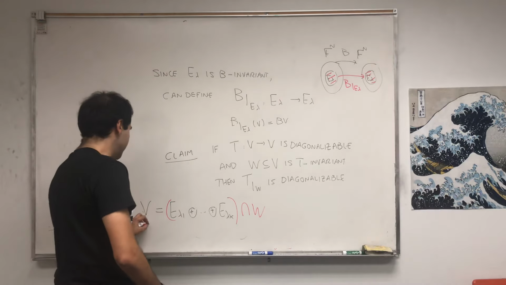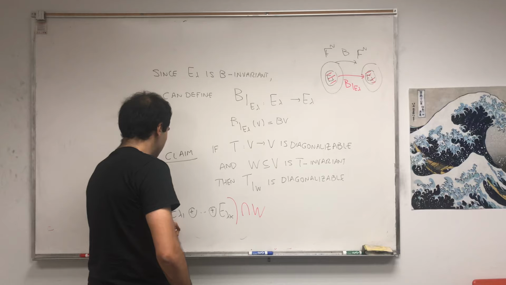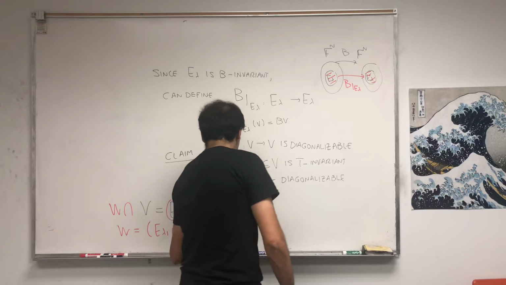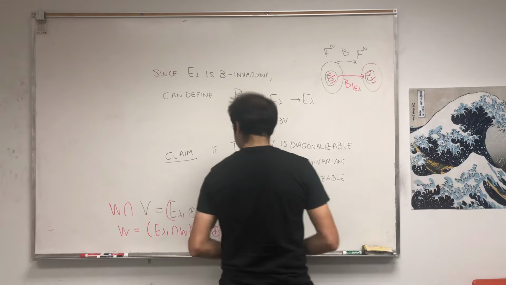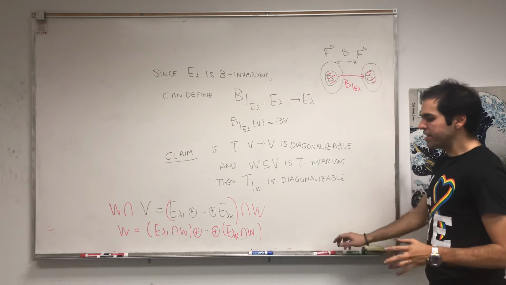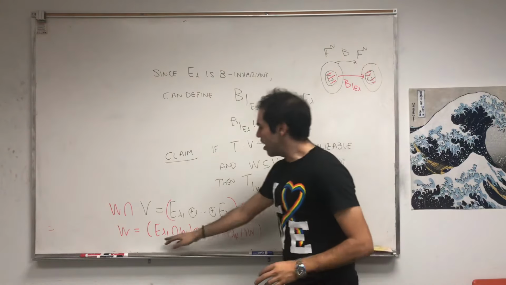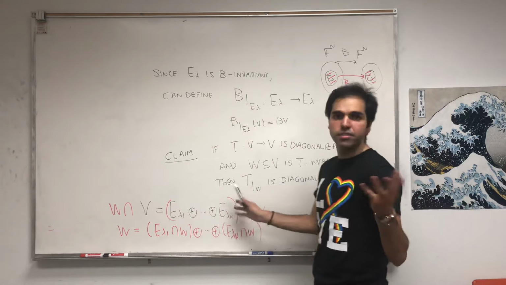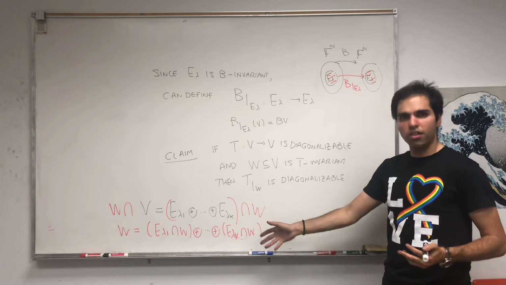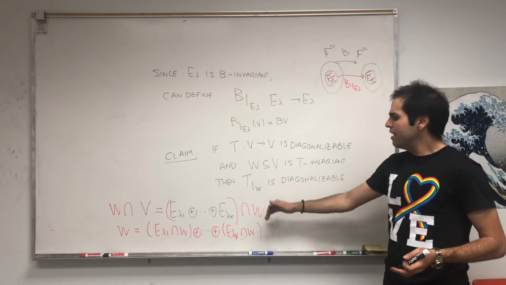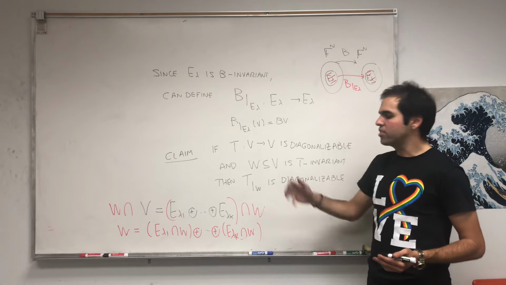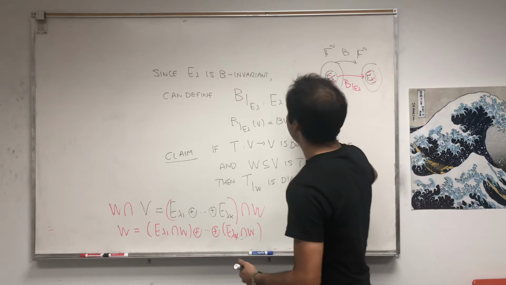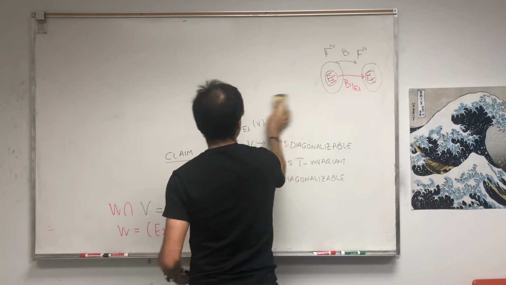And if you intersect each of them with W, imagine foiling it out, then you get this, E of lambda k intersected W. And in particular, if you can show that those are eigenspaces, first of all, some of them might be 0. So imagine you delete all of those that are 0, then if you can somehow show that those are eigenspaces corresponding to the restriction, then we would be done, because then we would get that T restricted to W is diagonalizable.